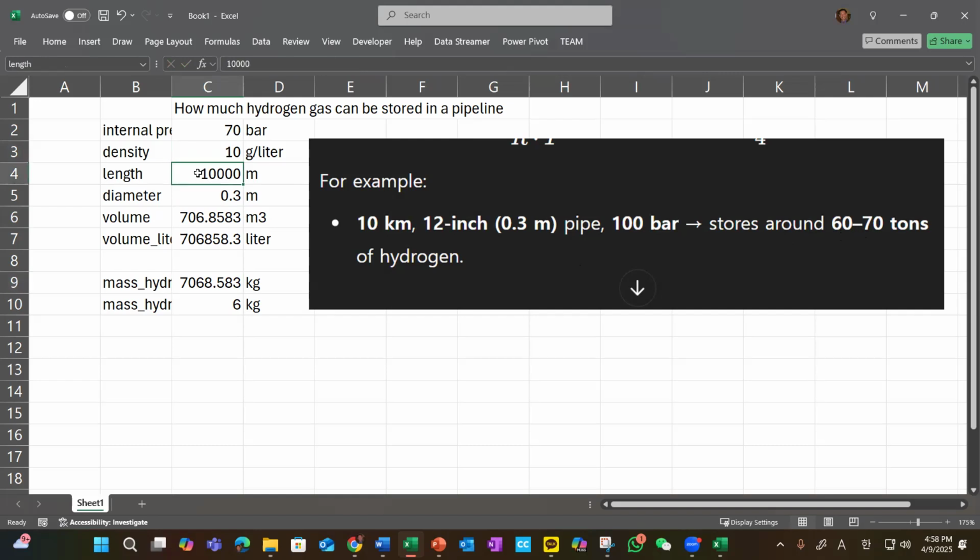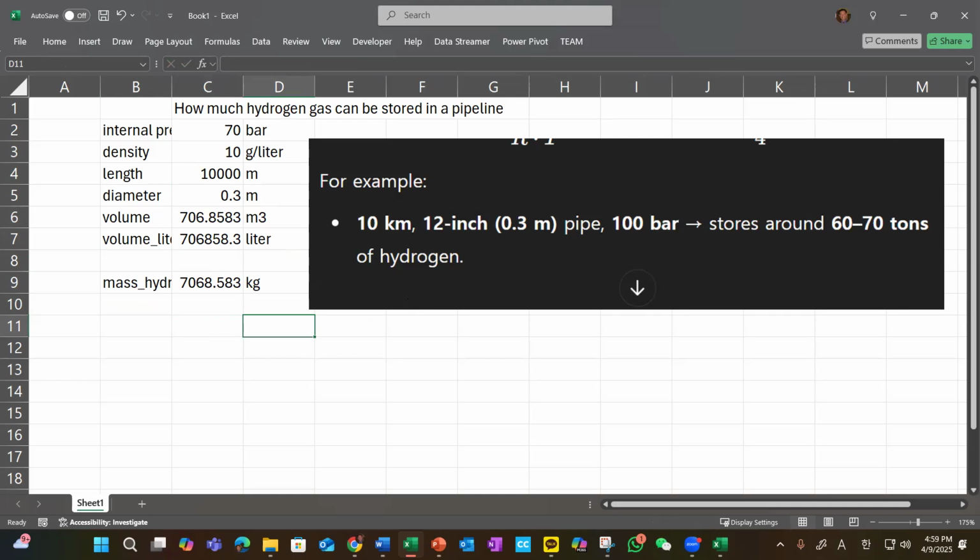Density is correct, length is correct, the diameter, and then our volume. This is not important one.